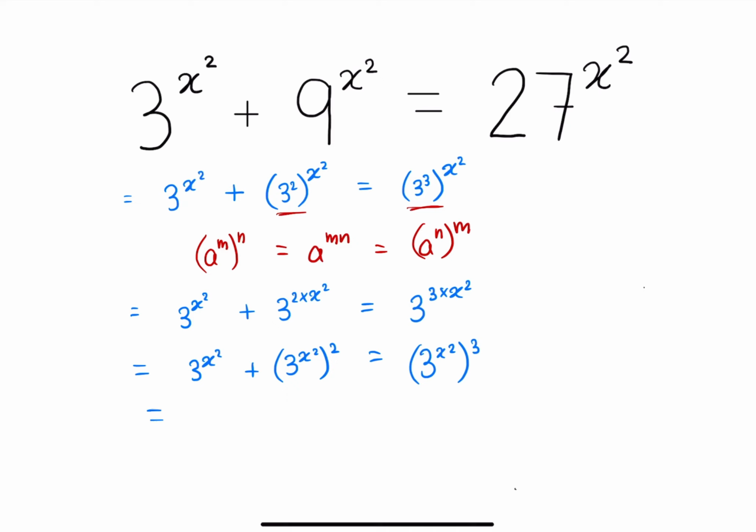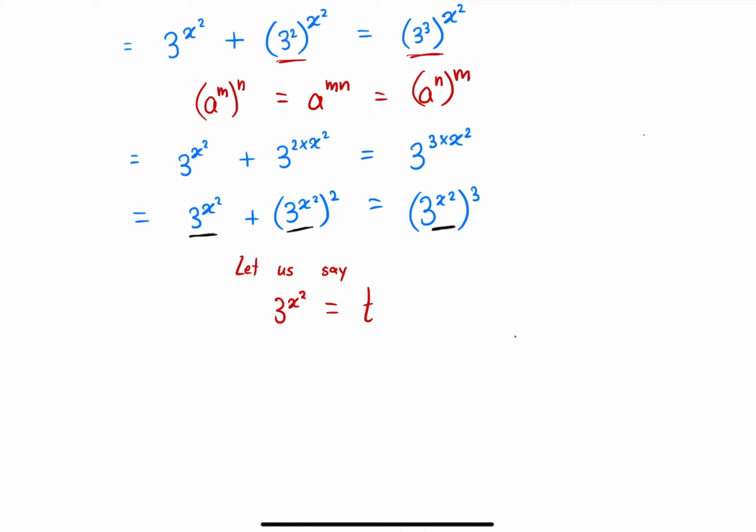So if you look closely, you'd see that there is 3 raised to the power x squared in all of these terms. So what we're going to do, we're going to assume that, let us say, that 3 raised to the power x squared is equal to t.